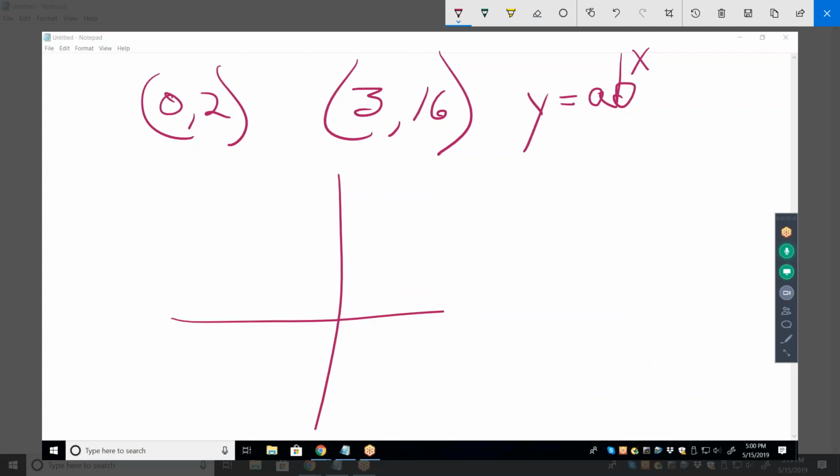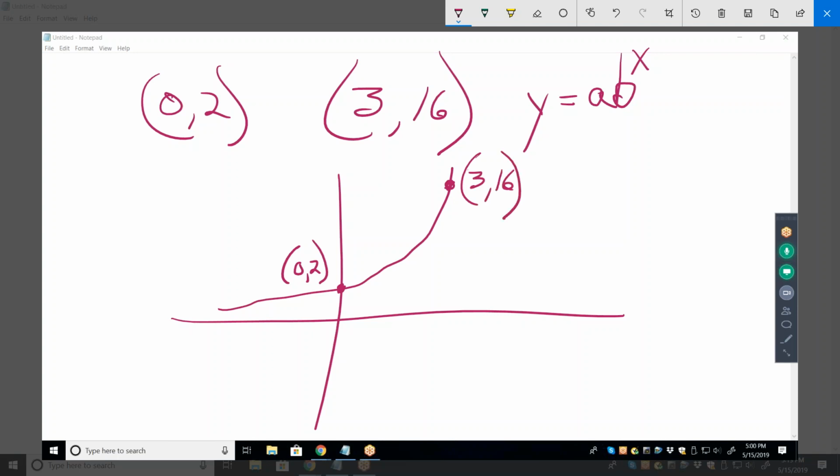Okay? An exponential usually looks something like that. What they're telling us is that its y-intercept is right there, passes through that point, and they also said it passed through this point up here, 3, 16.